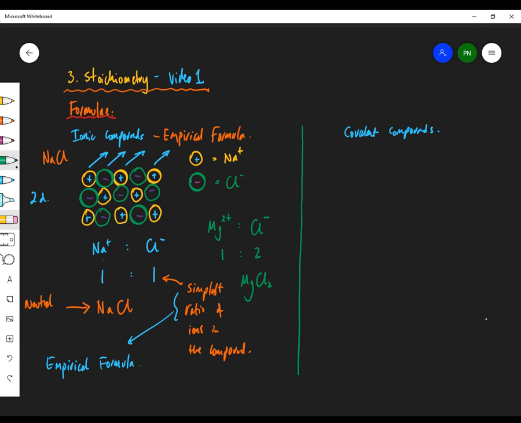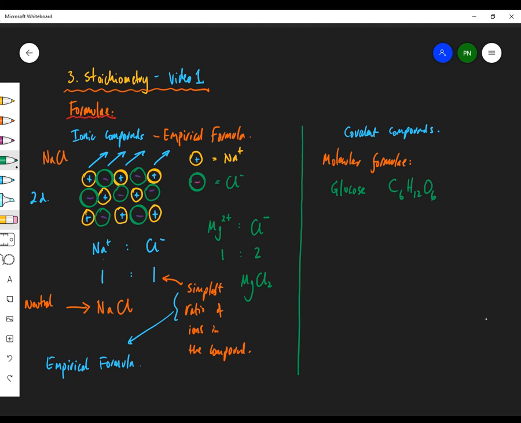What about covalent compounds? Covalent compounds use something called a molecular formula, which simply states what is in the molecule. For example, a simple sugar, glucose, is C6H12O6.